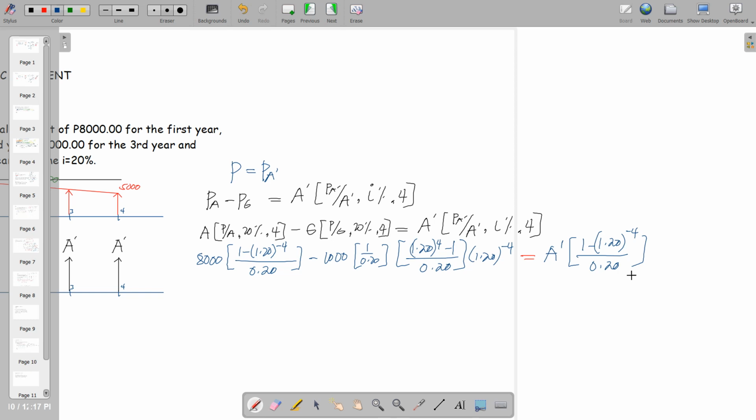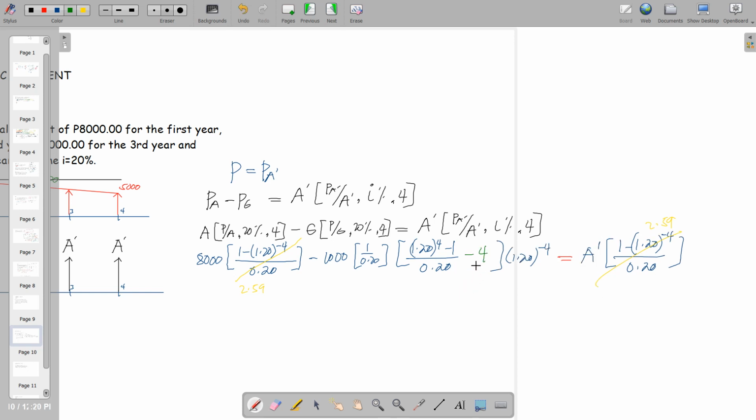So, let us compute the values here. We have that notation as 2.59. Same true with this one. And then, by the way, we also have a minus n in this formula. So we adjust this. We have here minus n, so minus 4. Okay, so we compute. So we have here 3.298, or we can round that to 3.3.